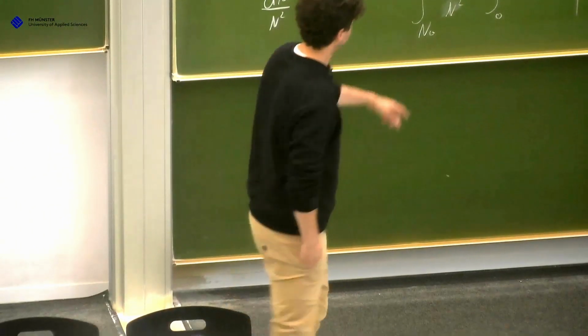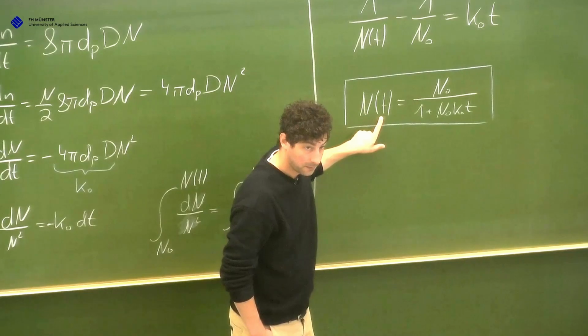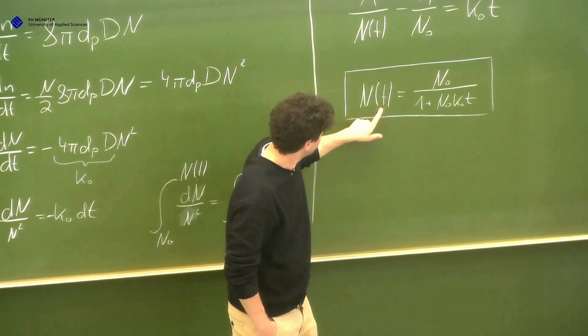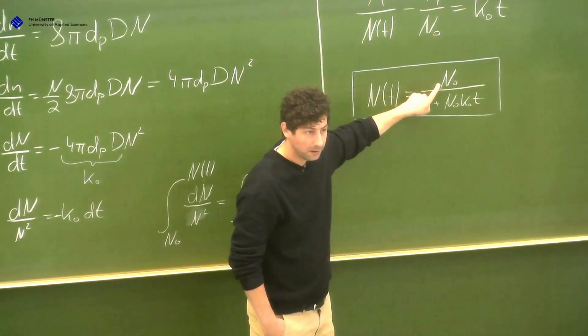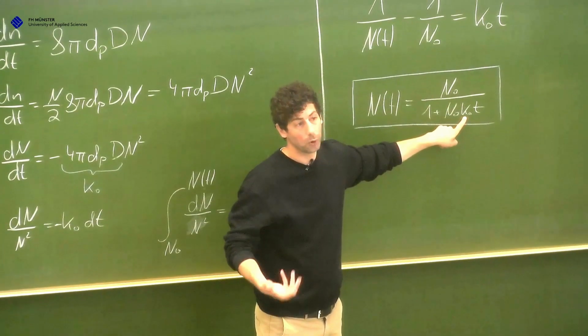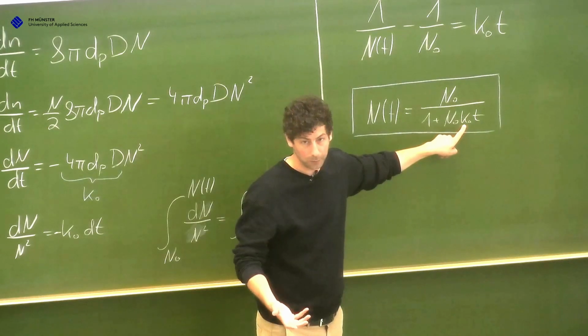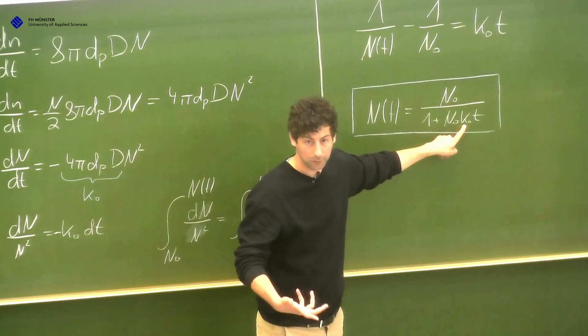And this is the number of particles at a given time. To describe this, we just need the starting number, the time we're looking at, and the coagulation coefficient or constant, which you find in the book, can measure, or get from literature.